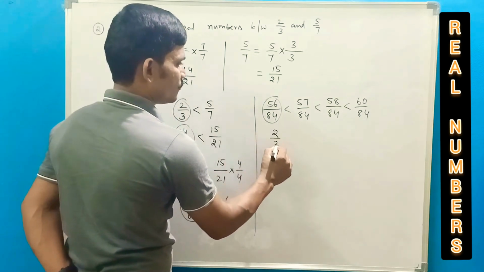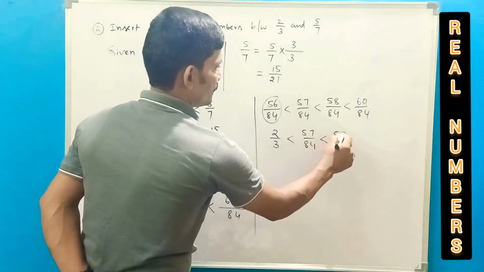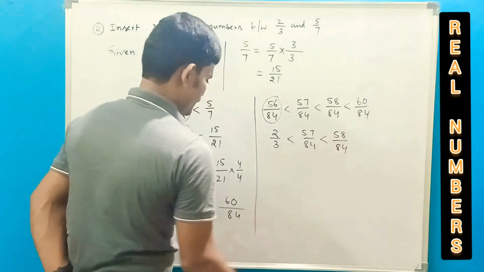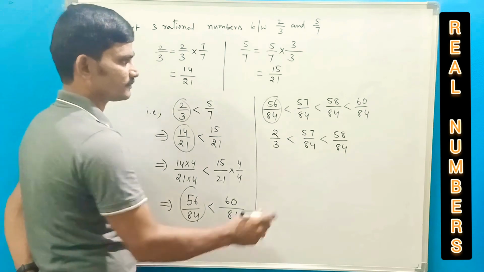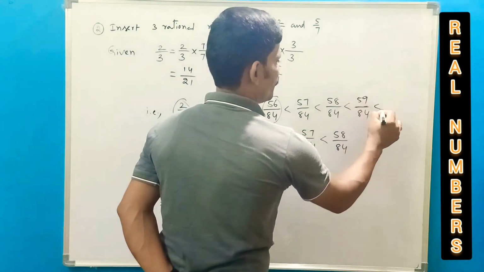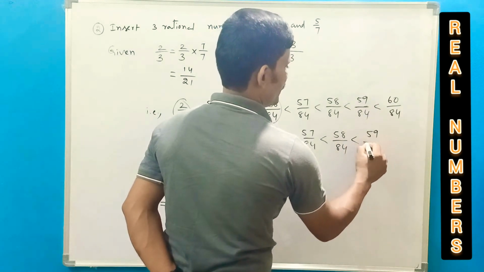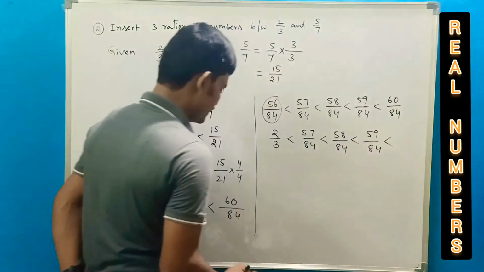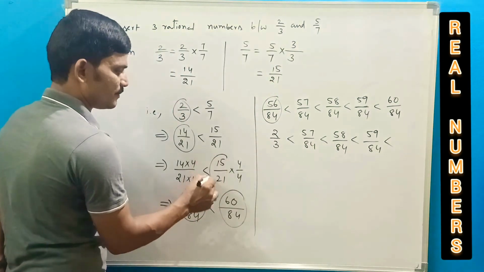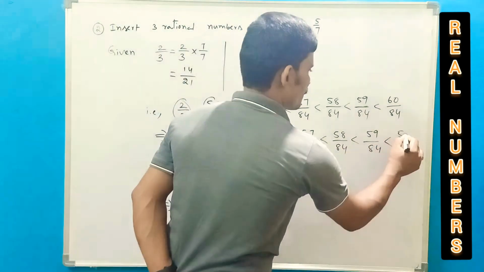That is 2 by 3 is less than 57 by 84, 58 by 84. One more here we missed out, that is 59 by 84, which is again less than 60 by 84. 60 by 84 is equivalent to 15 by 21, and 15 by 21 is equivalent to 5 by 7.